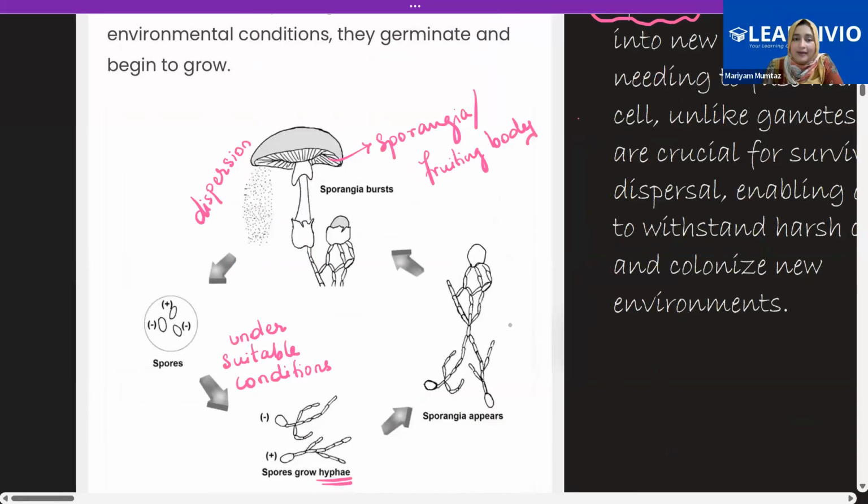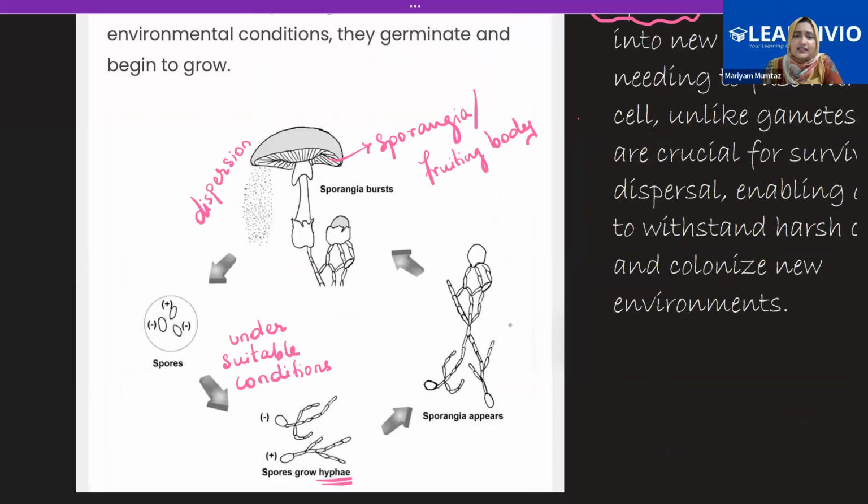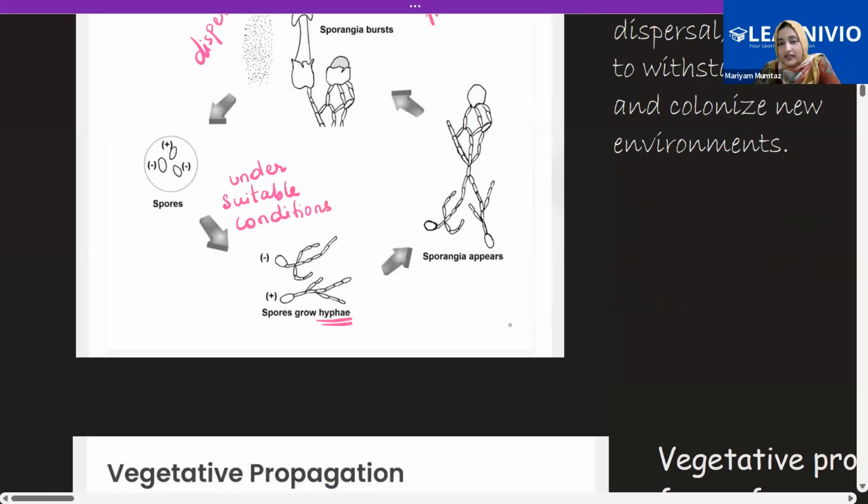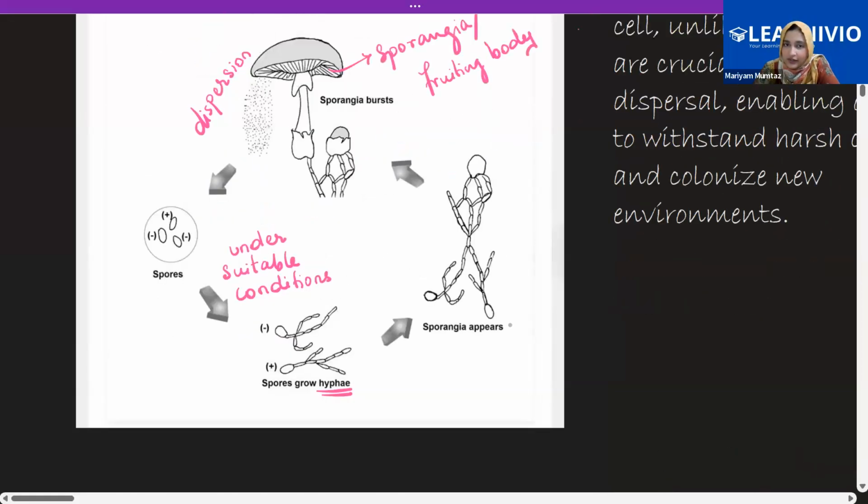On the cap-like portion, under that there is the sporangia present, which is the fruiting body. Inside the sporangia, spores are formed, and when the spores are dispersed, meaning liberated, they will germinate under suitable conditions and form a new fungus. And then the sporangia is going to form. So this thing keeps on happening.